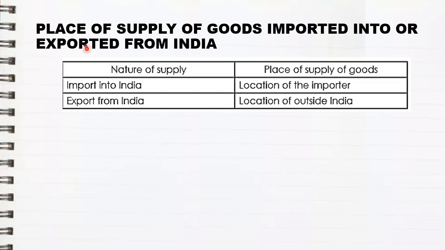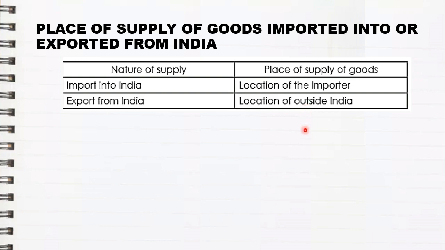When goods are imported into India, the place of supply will be the location of the importer. And for export from India, the location outside India, wherever it has been exported to, that place will become your place of supply.